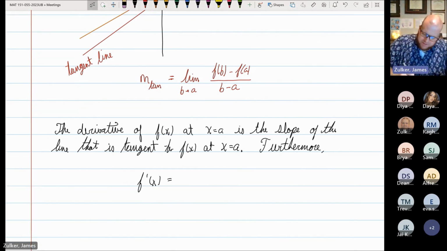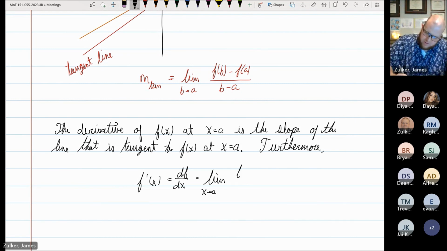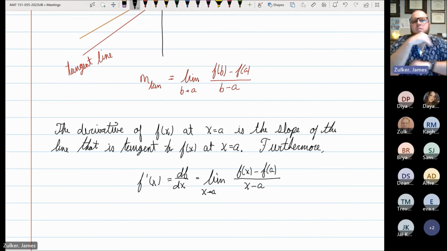We can also write it df dx, and it's the limit as x approaches A of f of x minus f of A all over x minus A. Sorry, I'm not doing the derivative function just yet.